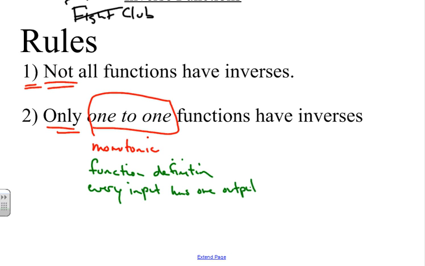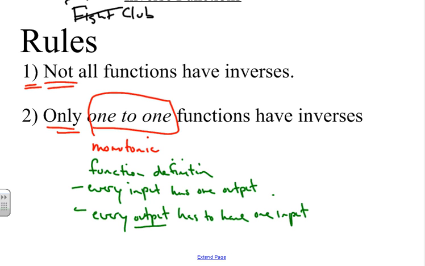So in order to be one-to-one, you have to have a function. The converse of that statement also has to be true if it's going to be one-to-one: every output has to have one input. Every input has one output, and every output has one input.